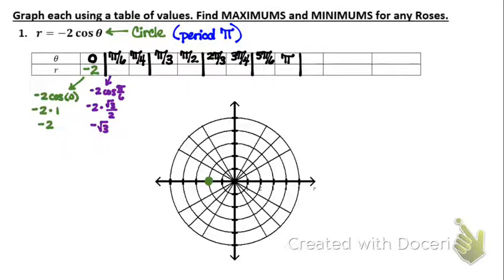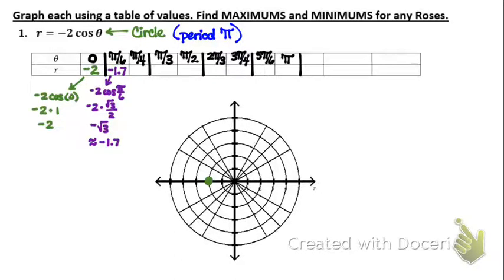-√3. I don't really know where to plot that on my graph, though. Can you guys grab your calculators and tell me what -√3 is in its decimal form? Yep, negative 1.732 when we round it.